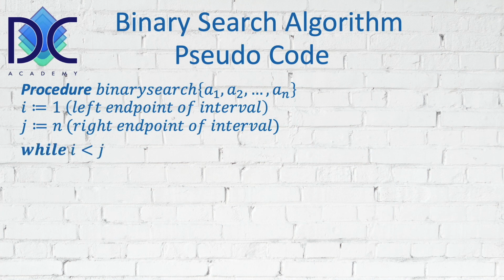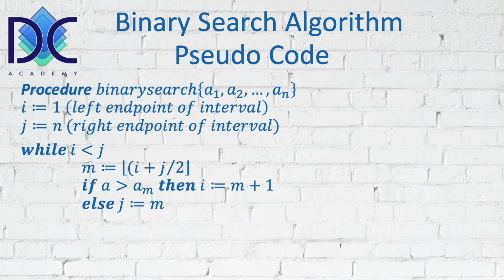While I is smaller than J, we say that the midpoint M is the floor of (I plus J) divided by 2. We will do it in a calculation later on, to find that middle value. Now we compare the value I'm searching with the value at position M.